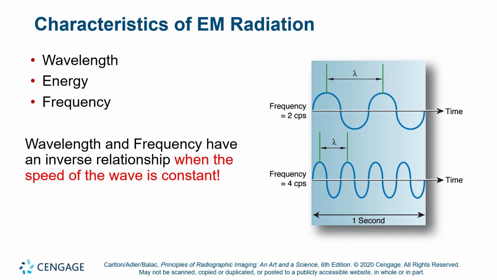It's constant. It's 3 times 10 to the 8th meters per second. Yes, I know, I just said it slows down in glass and water. We ignore that for X-ray curriculum. Okay, we don't care about refraction. Refraction, that's an upcoming slide, doesn't happen with X-ray. And so for us, the X-ray photon always travels at 3 times 10 to the 8th meters per second.